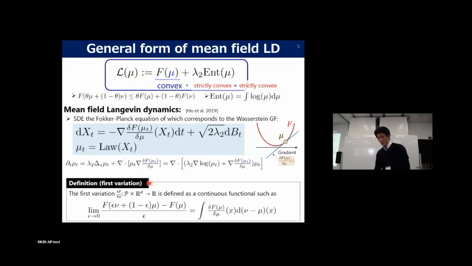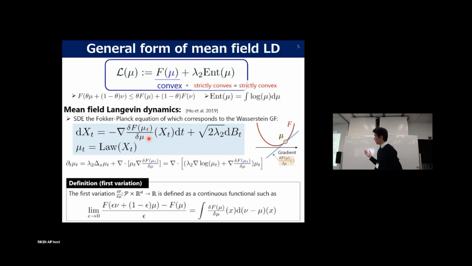The Fokker-Planck equation with the mean field Langevin dynamics is given like this. This term tries to minimize the convex objective, and this term tries to minimize the entropy regularization. I should mention that there is some new notation, del F over del mu.